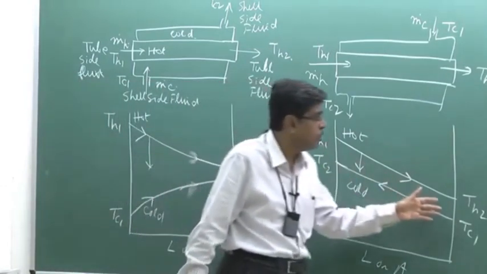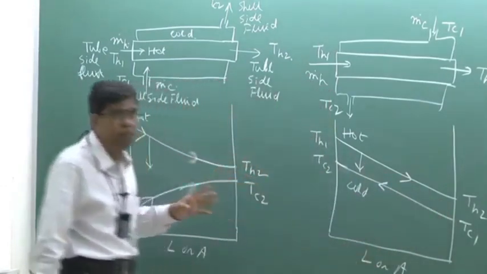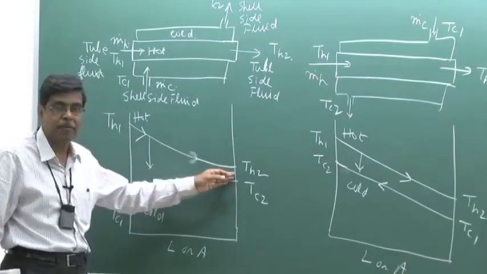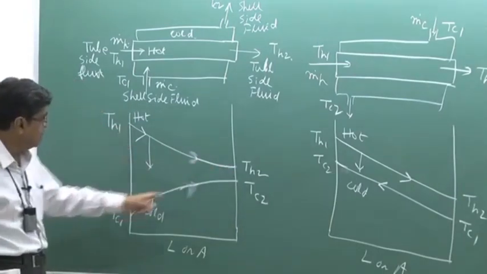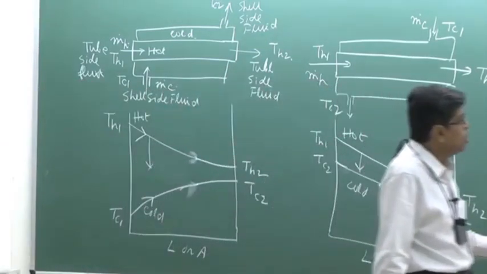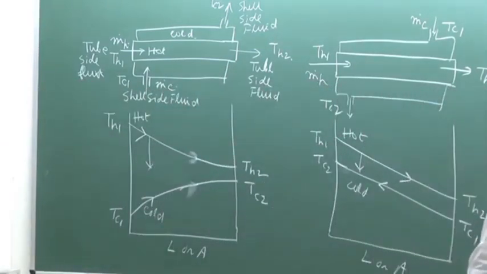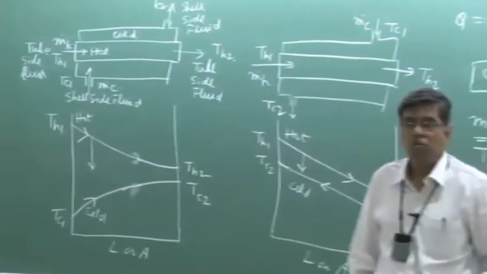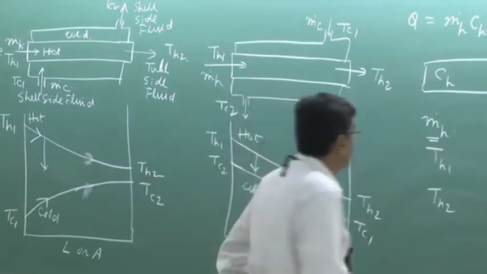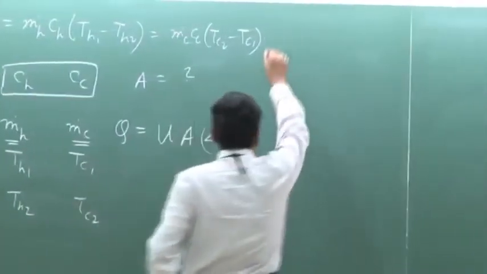That means there should be some mean delta T, mean of these two extreme differences of delta T. This is one delta T, this is another terminal. The mean of terminal delta T is in such a way that we could define this equation. So to find out that delta Tm, we have to do a small mathematical exercise.